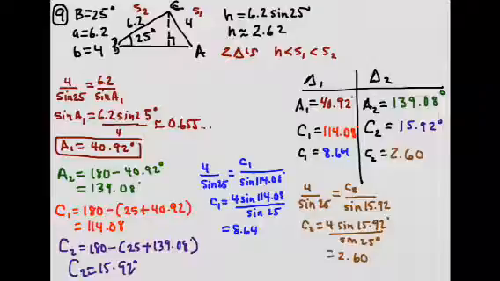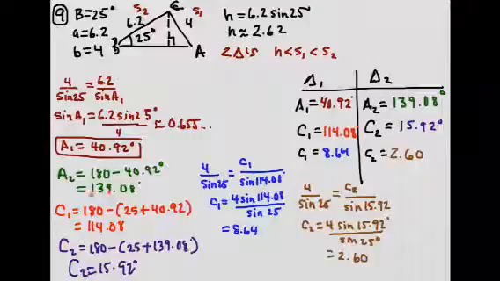We came up with two triangles, and then we found angle A1, this one right here, by setting up the proportion, and then we got a ratio. We did inverse sine of this number and got this. For A2, we got the supplement of this angle.